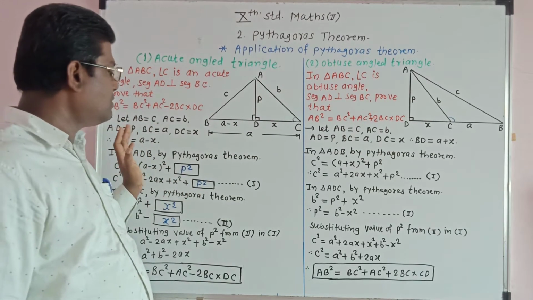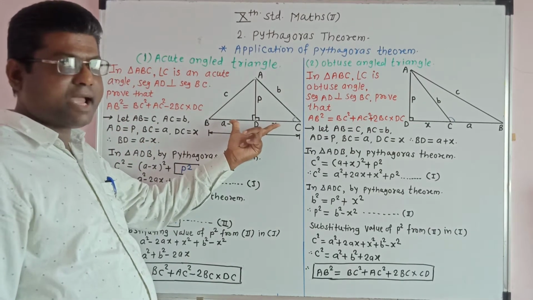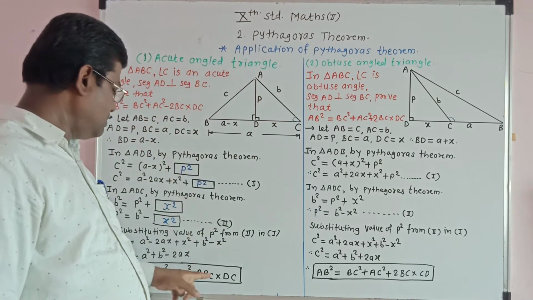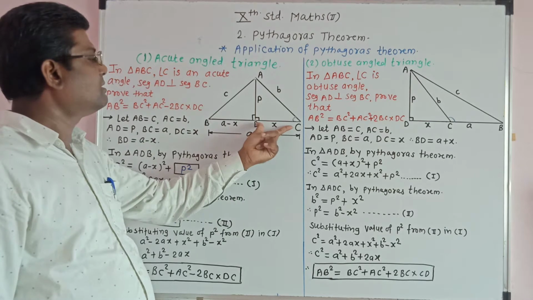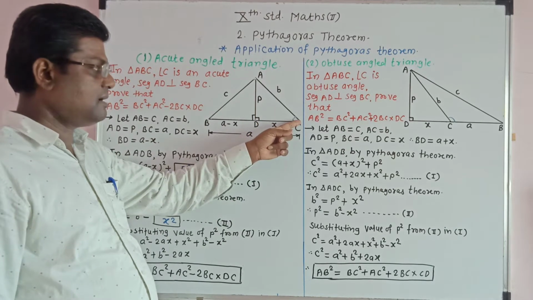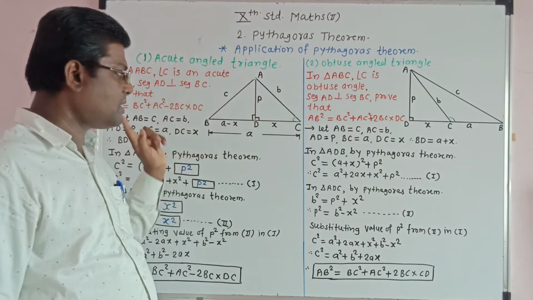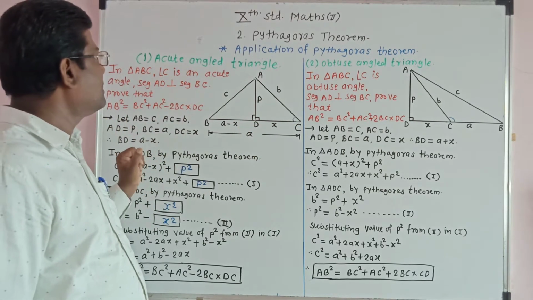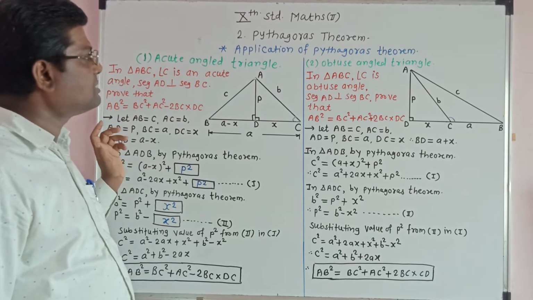Then 2 into BC, the side on which perpendicular is drawn, into DC. DC is the distance of the acute angle, that is angle C, from the foot of perpendicular D. In this way we can remember this application.